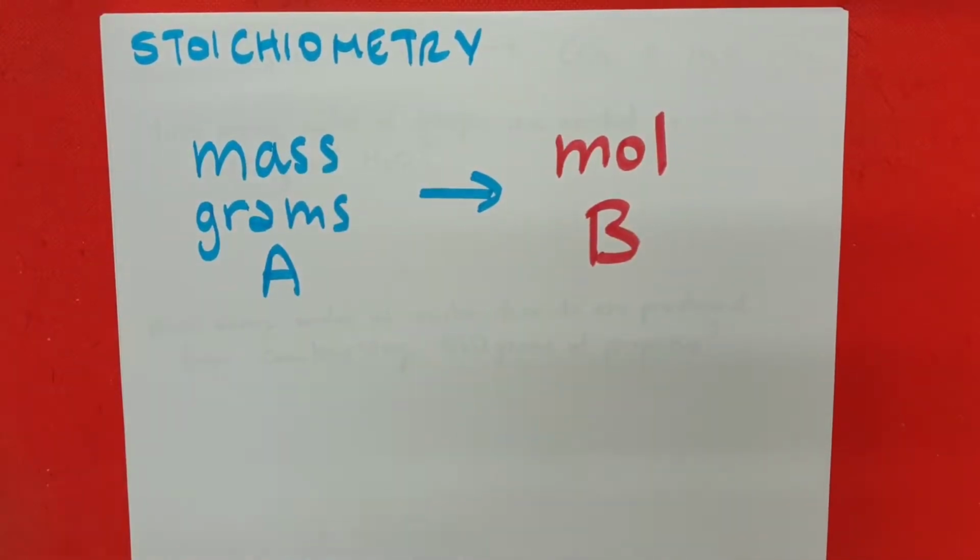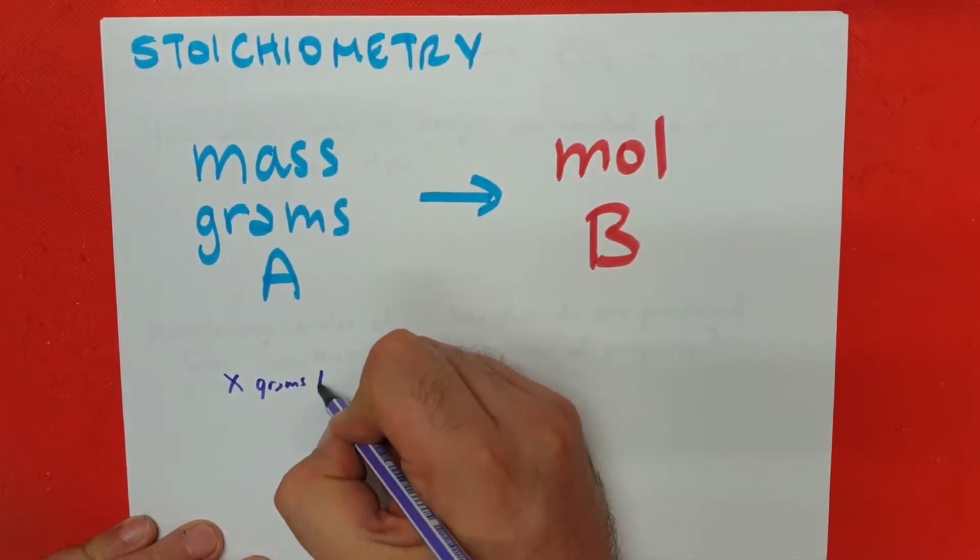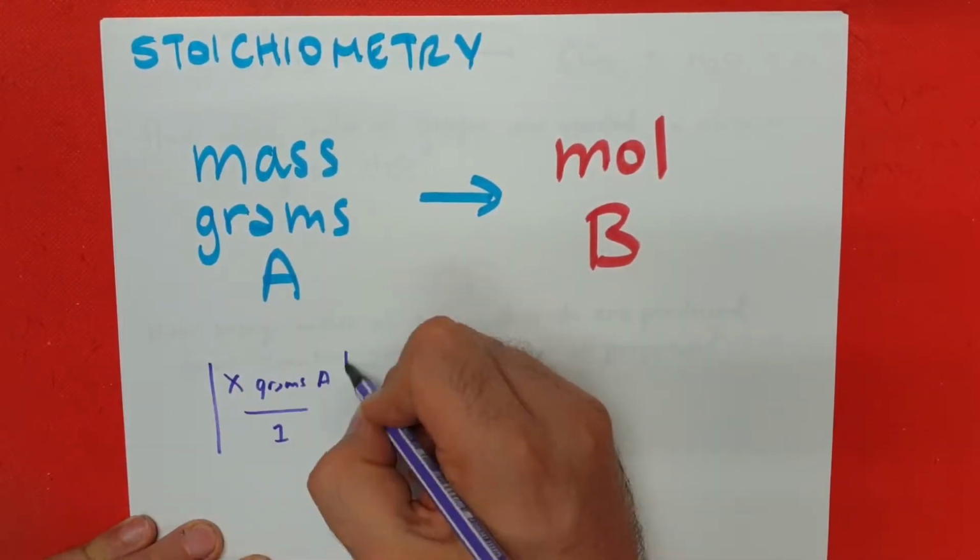So the basic setup of this problem is X grams of A divided by 1.